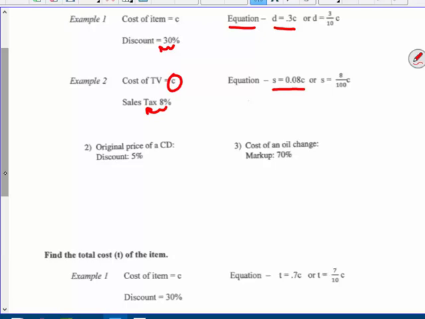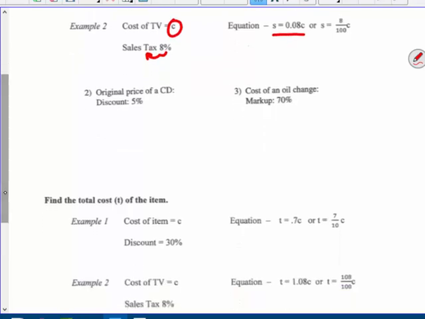So I have to find the discount, which is 5%, on the original price of a CD. I'm going to call it C, like they did above, and I'm going to say D for discount. So changing my percent to a decimal, that's 5/100ths.